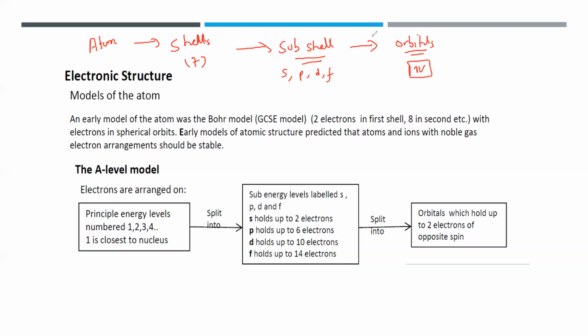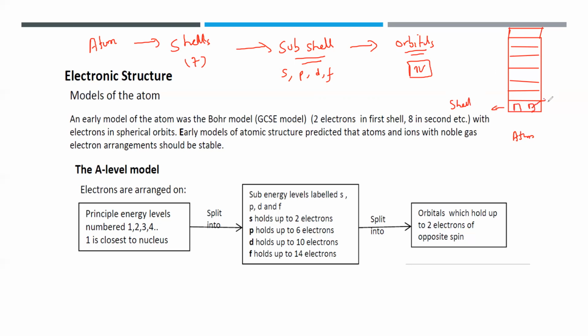To understand the concept, take the example of a building. The whole building is the atom. Then the building will have floors, levels, like 1, 2, 3, 4, 5, 6, and there will be a 7th as well. Each floor represents a shell, and each floor will have apartments.